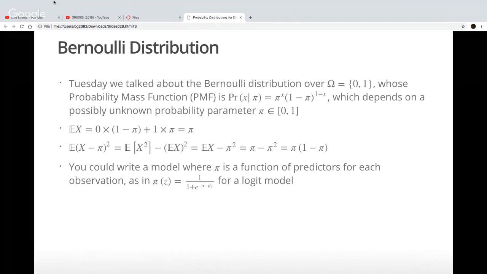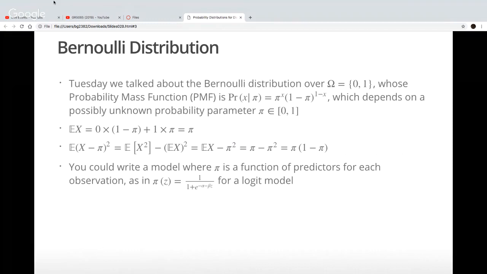We also saw last time we could take the expectation of any discrete random variable x by doing a probability weighted sum of the sample space. That's particularly easy in this case because the sample space only has 2 elements, one of which is 0. So we multiply 0 by the probability of failure, get 0, and multiply 1 by the probability of success and get the probability of success. So the expectation of a Bernoulli random variable is pi.